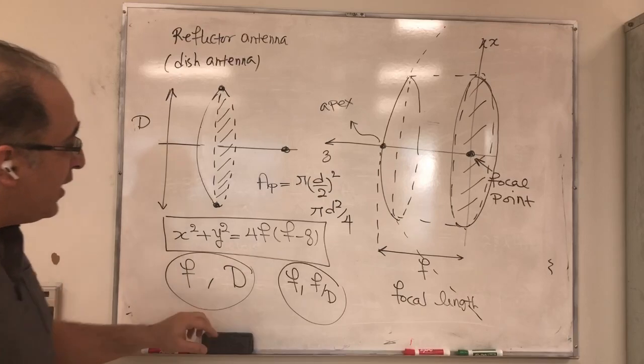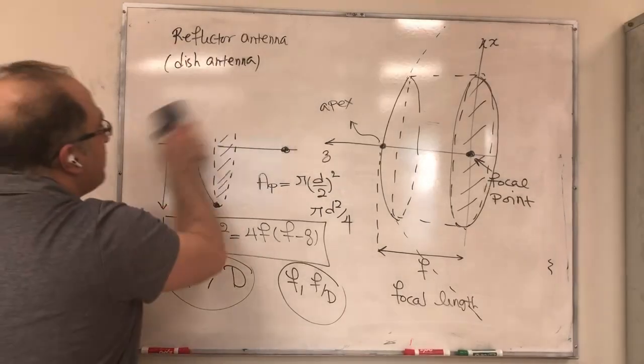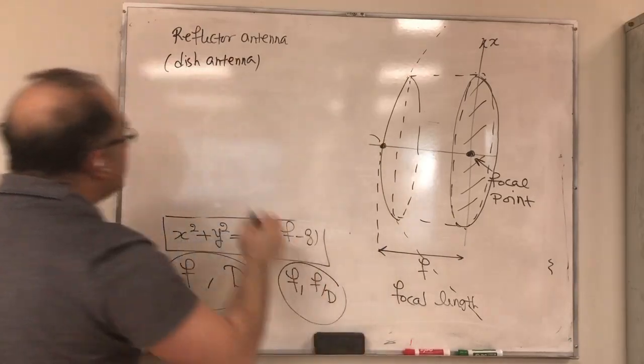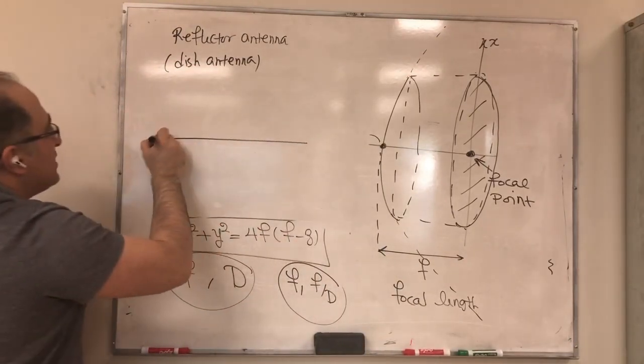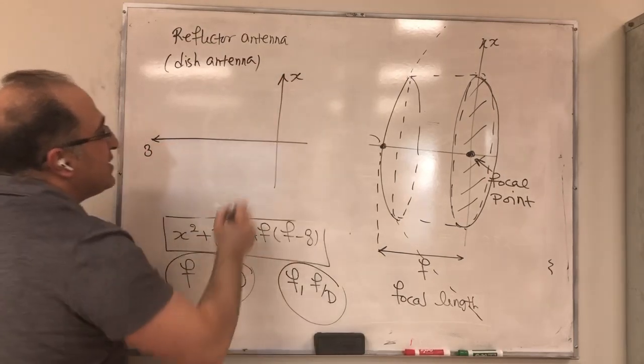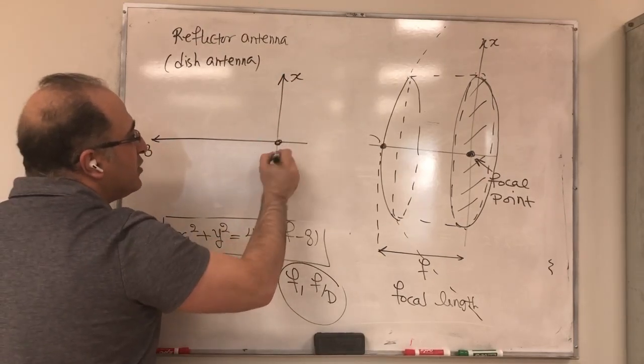So, for example, let me have a couple of things here. Imagine this is my z-axis, this is my x-axis, and this is the focal point, which is the origin.